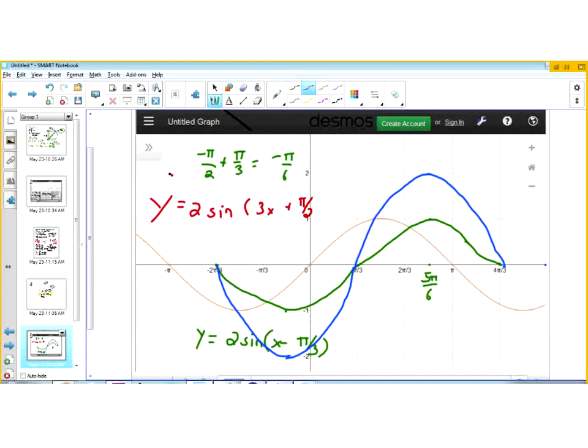Okay? Don't forget, if I ask you to graph this, that you would have to factor the 3 out so that you can get your periodicity. So you would have to factor 3 out of the first 2 terms in parentheses, and your graph would look like this.